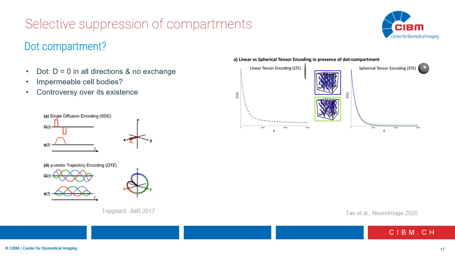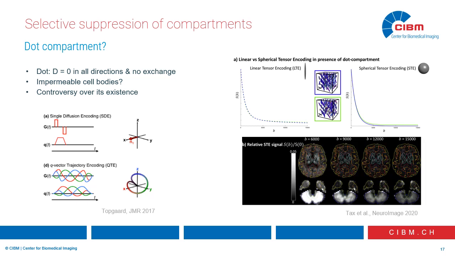So you can see with linear tensor encoding, you may increase the B value as much as you want, up to 15. You have very little difference between these two scenarios where you have just neurites or neurites and spherical cell bodies. Whereas with spherical tensor encoding, you start to see a difference in signal between the two types of configurations.